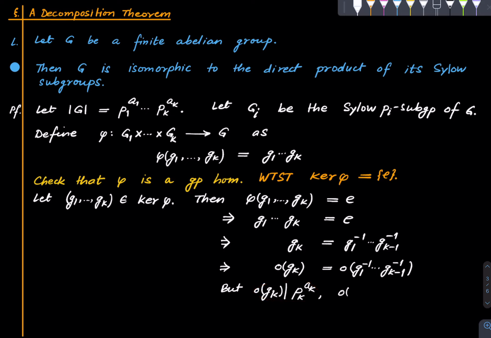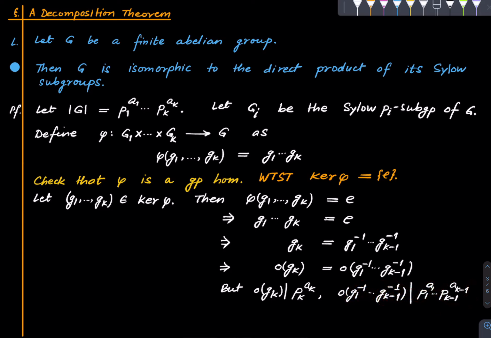And the order of this product divides p1 to the power a1 dot dot dot p(k-1) to the power a(k-1). Why is that? Basically, the order of g1 divides the first one, the order of g2 divides the second one, and so on.